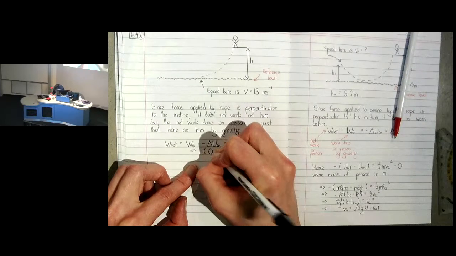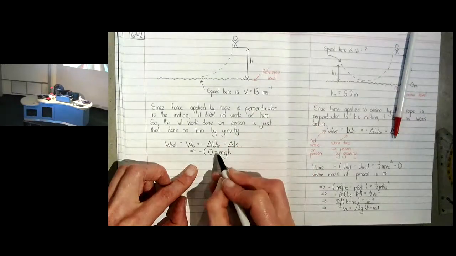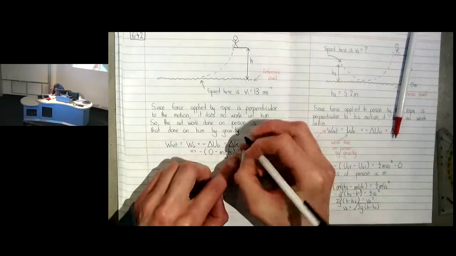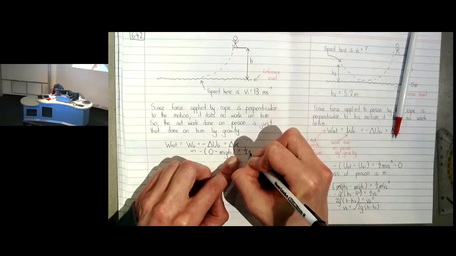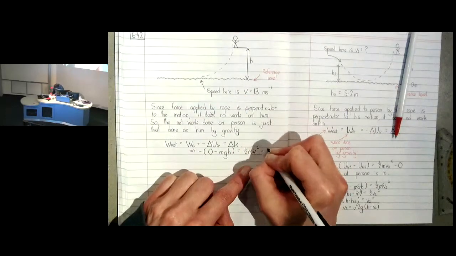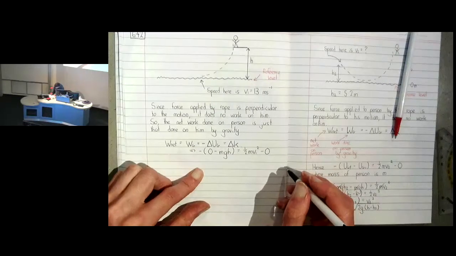So it's going to be 0 minus his mass times g times the height. So this is his initial gravitational potential energy. And then that's got to be equal to a half m times v1 squared minus 0, because his initial kinetic energy was just 0.